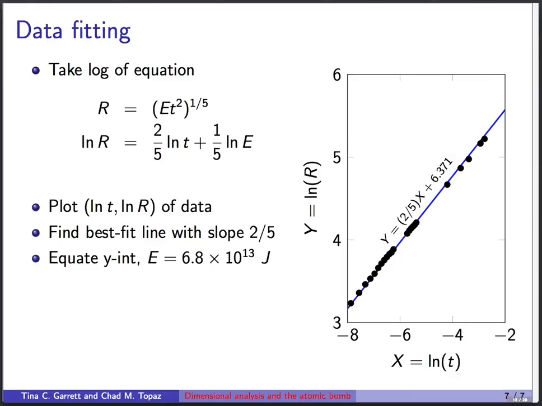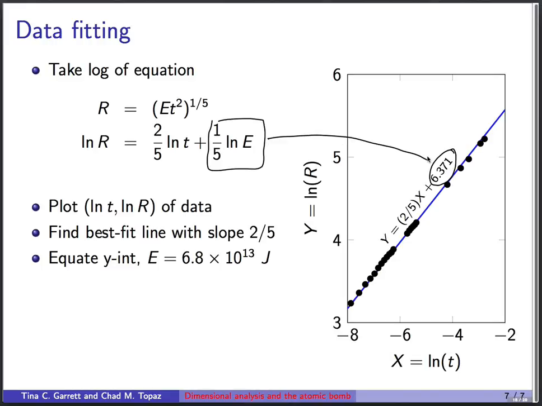Okay, the next thing to do is simply to equate that y-intercept, 6.371, with the y-intercept from our model equation here. So you say 1/5 ln E, that's the y-intercept in our equation. Well, that must equal the y-intercept that fits our data, 6.371. So you multiply by 5, you exponentiate, and you find the value of E.